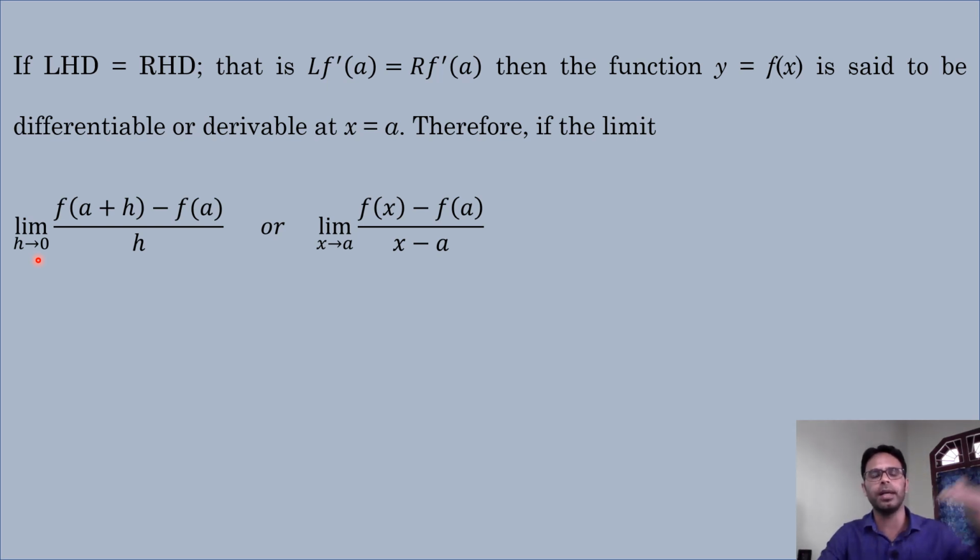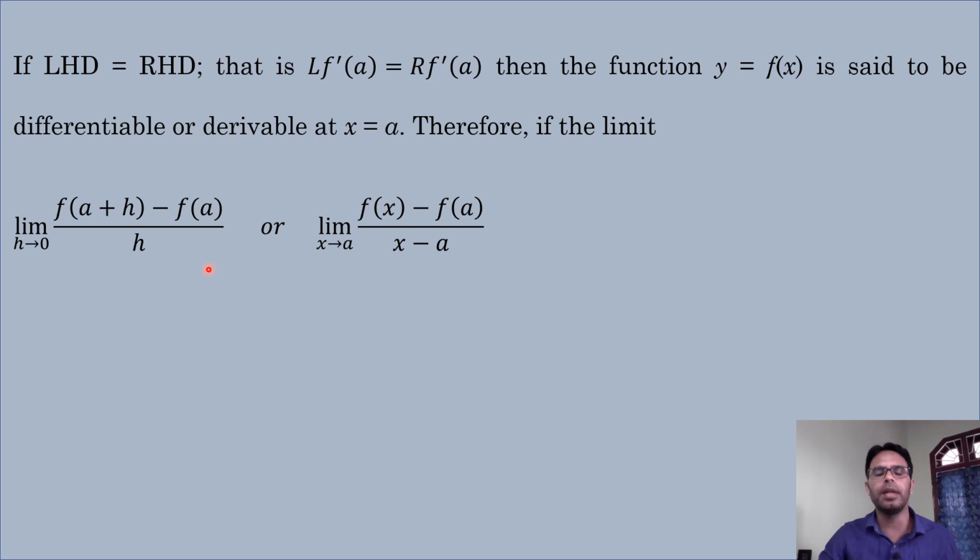We know this from the limit of a function in the previous chapter. So when the left hand limit and the right hand limit are equal, we say that the limit exists. This particular limit is nothing but the derivative. This limit is known as the derivative of the function at x equal to a.